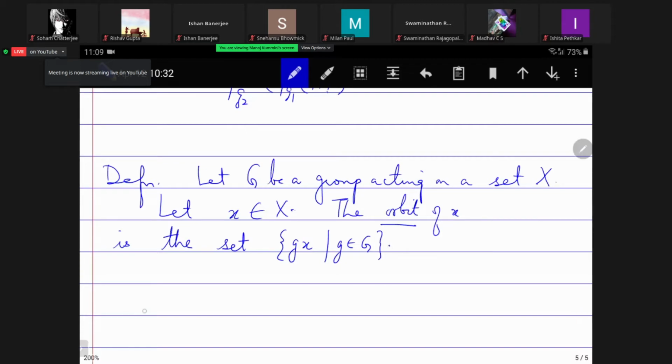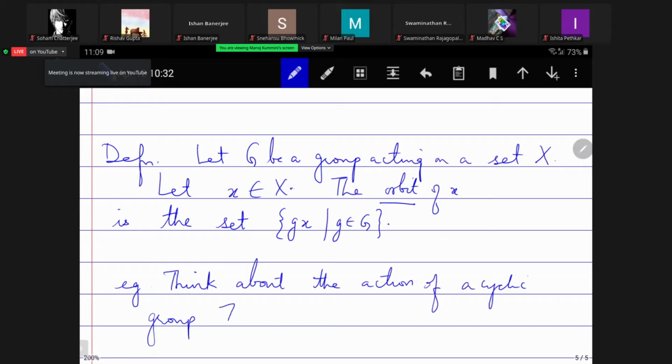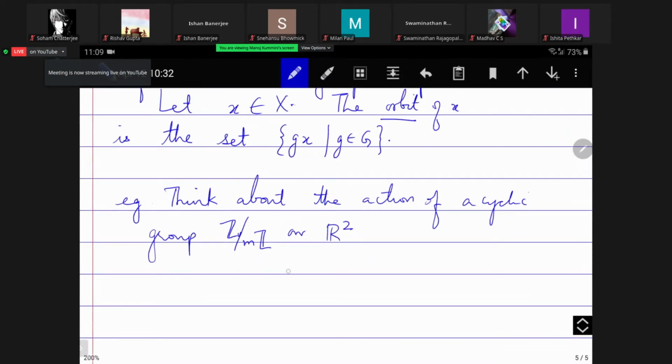So for example, to get a pictorial view of this, we can think about the action of a cyclic group Z mod mZ on R2, as follows. Phi of some k bar is some action.